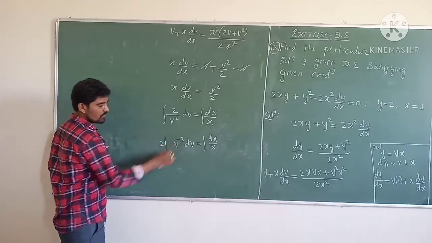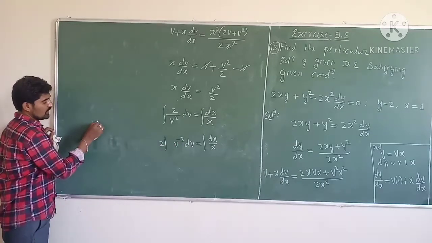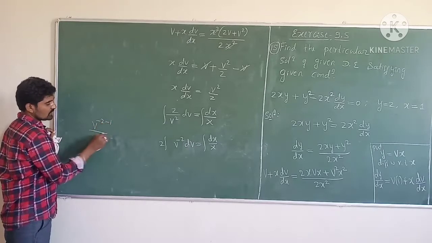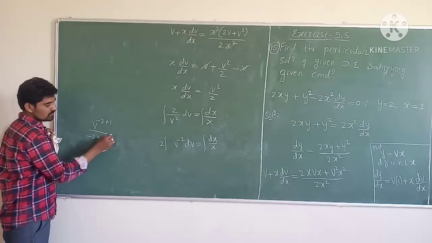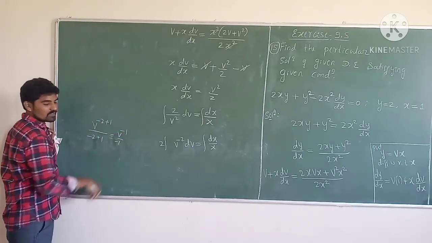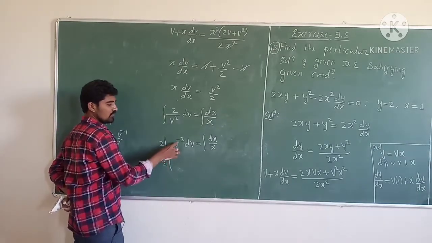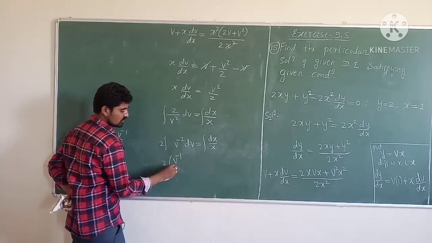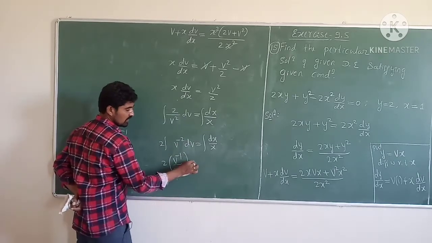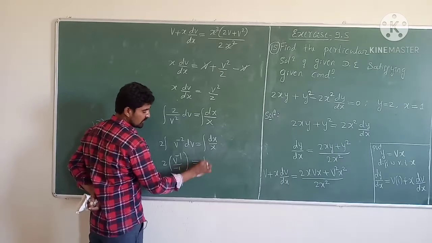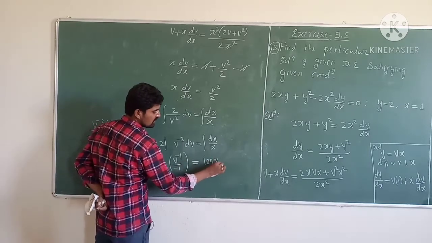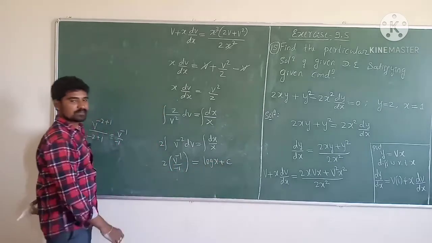Integration of v power minus 2 is v power minus 2 plus 1, divided by minus 2 plus 1, which is equal to v power minus 1 divided by minus 1. So 2 into v power minus 1 divided by minus 1 is equal to integration of dx by x, which is log x plus integral constant c.